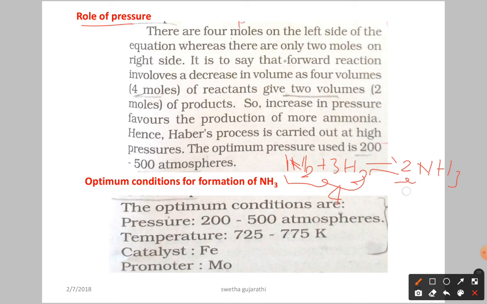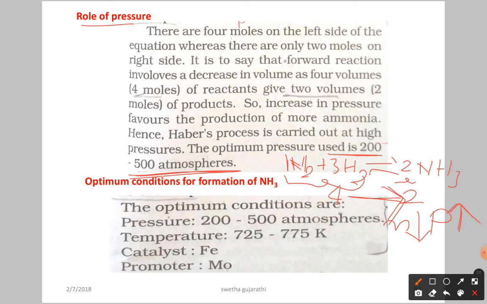For the products we have 2 moles. We need the formation of ammonia, so we have to move in the forward direction, where the number of moles decreases. According to Le Chatelier's principle, we have to increase the pressure. So for the preparation of ammonia we use high pressure, 200 to 500 atmospheric pressure.